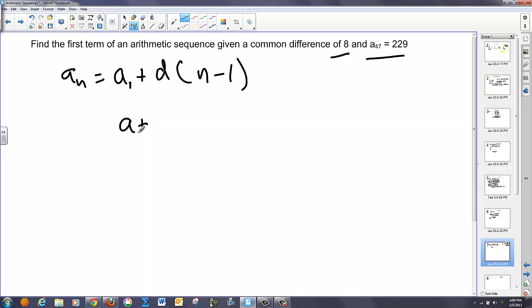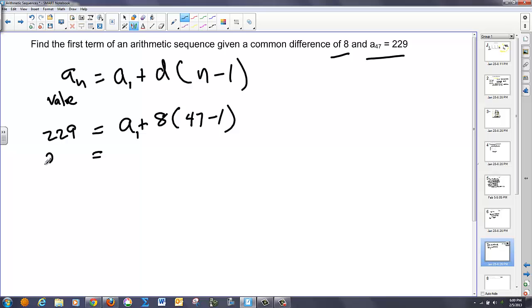I have a common difference of 8, and I have a subscript value, 47. Minus 1 gets me the value of the 47th term. Remember, a sub n, this is a value. So that's 229.